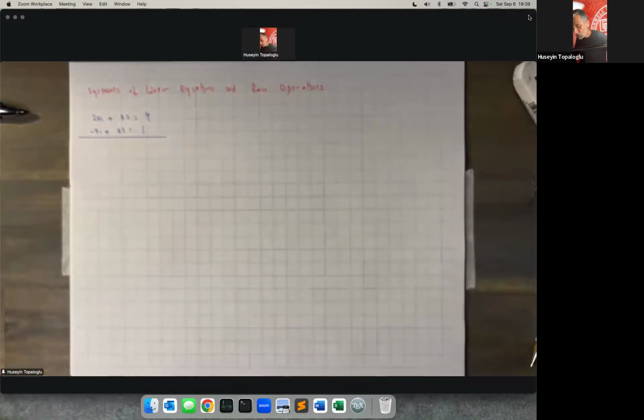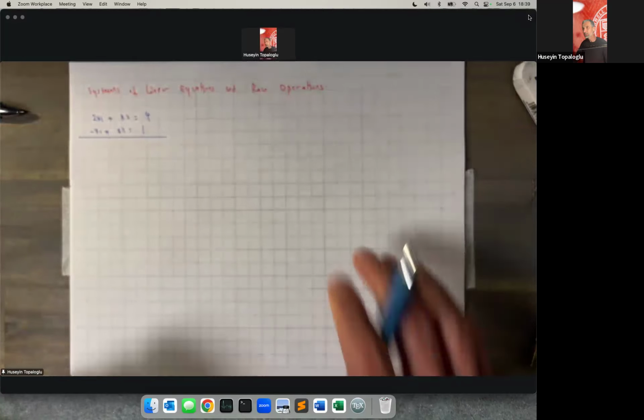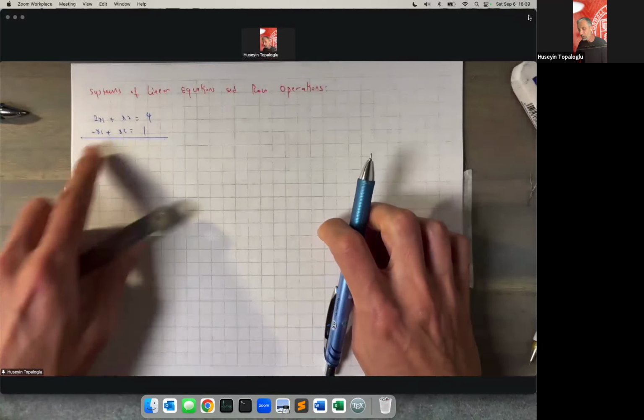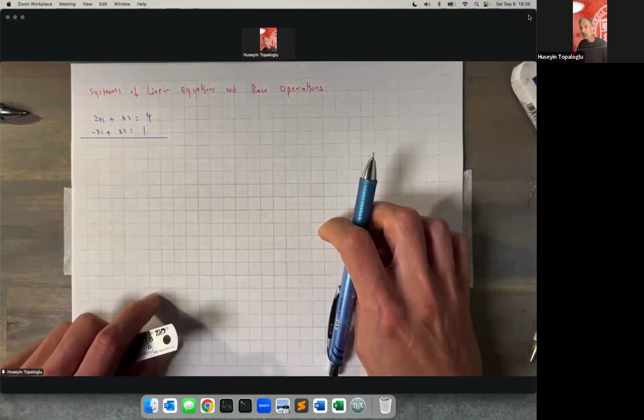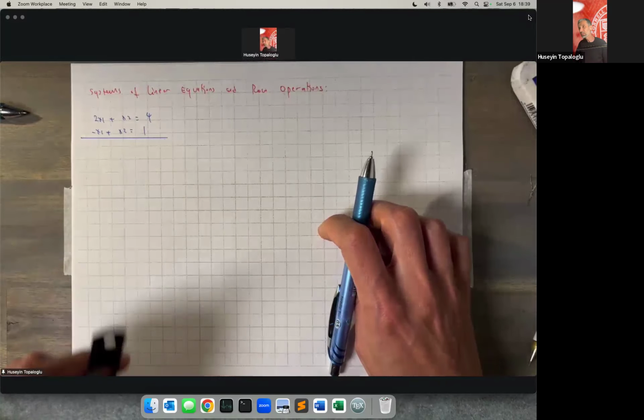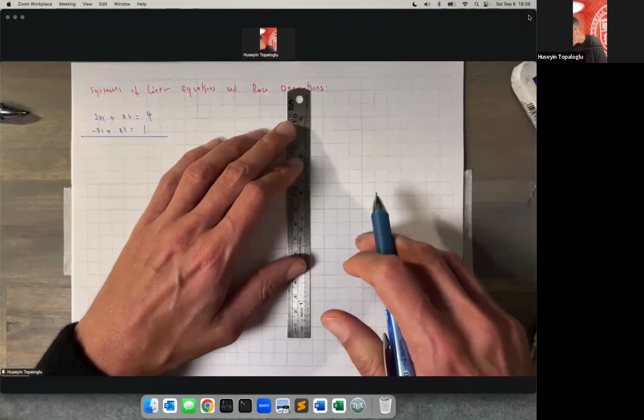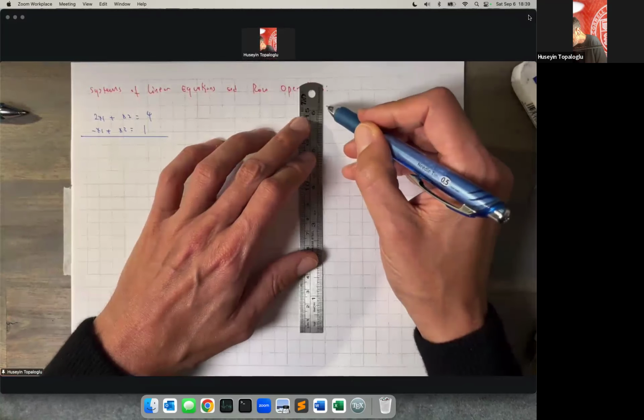What is the set of points? Let's just plot the set of points that satisfies this system of equations. We took a simple system of linear equations, 2x1 plus x2 equals 4, minus x1 plus x2 equals 1. There we go.